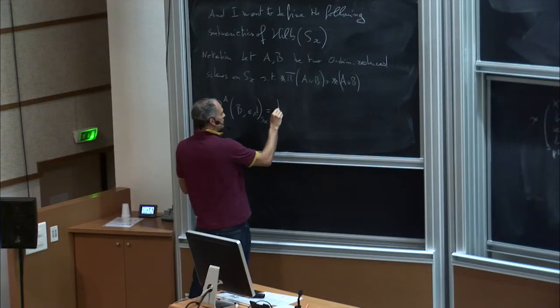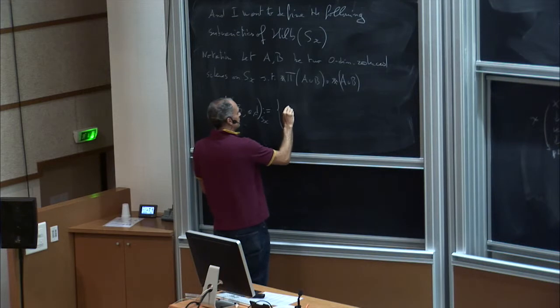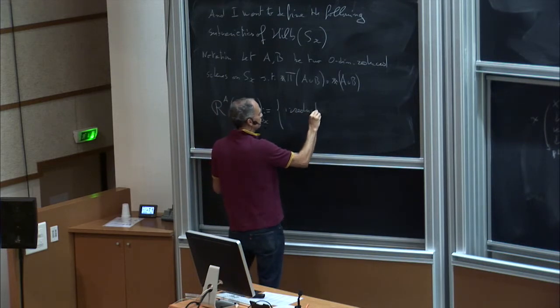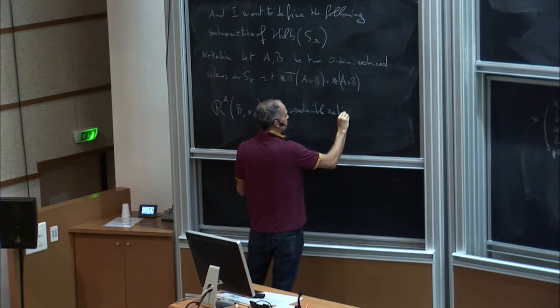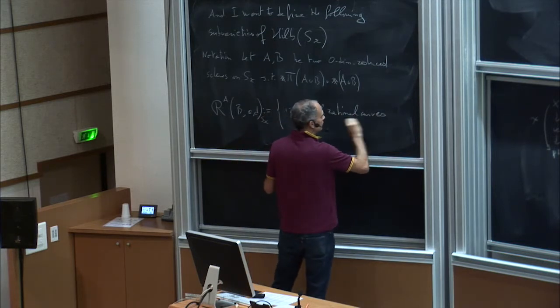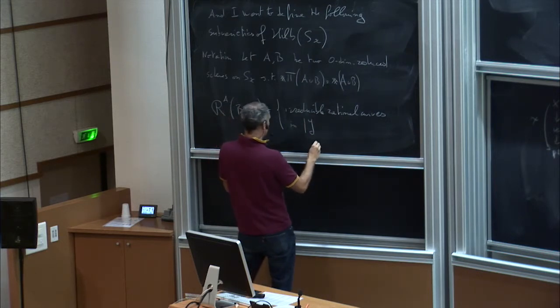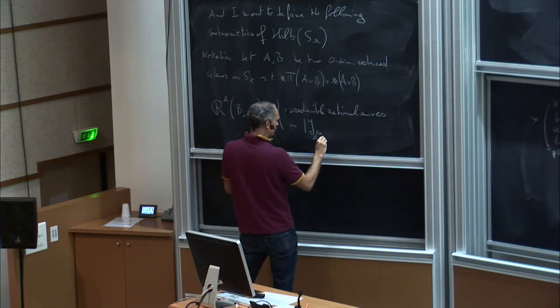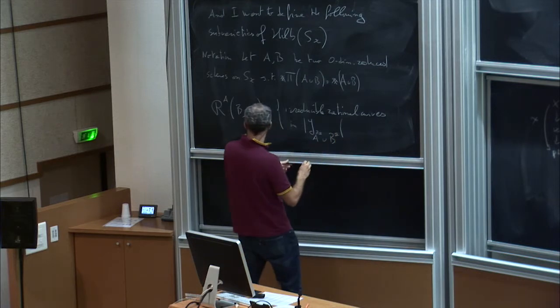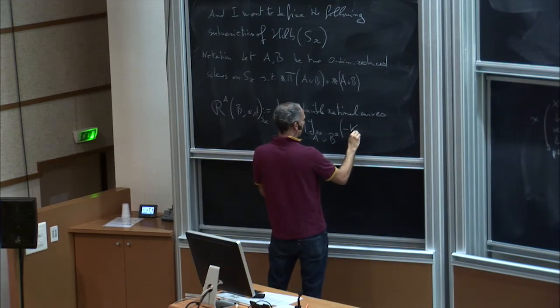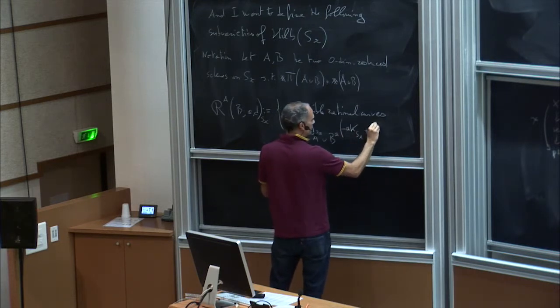So this is defined as irreducible rational curves in |2a union B to the a, of minus aK_Sx plus dF|.